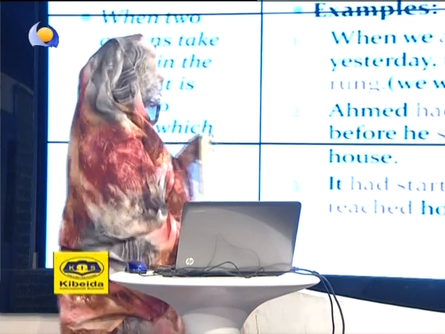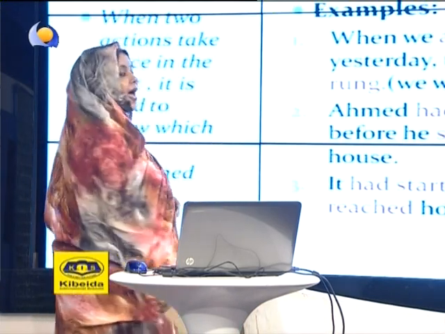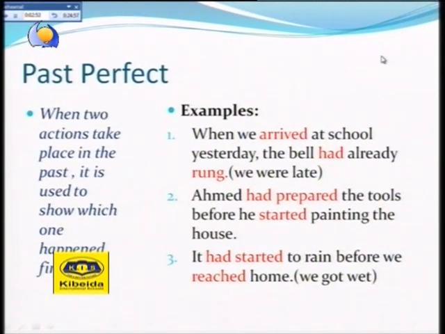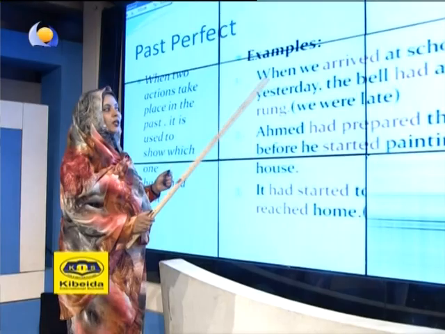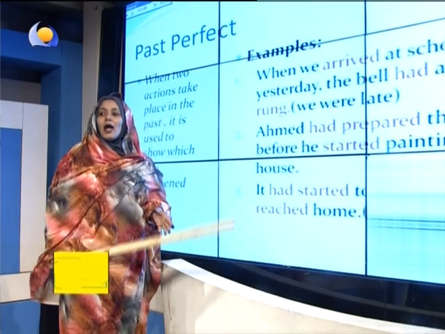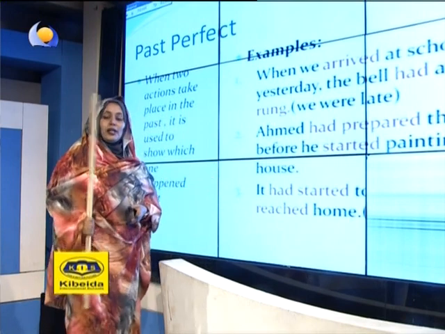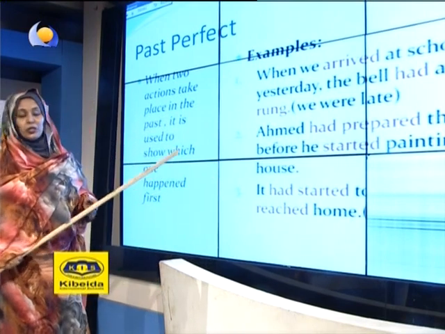For all subjects, we use the word had plus the past participle of the verb, as it is clear here. Had rung, had prepared, had started. For all subjects. Whatever the subject is, you use had. I want you to take care and bear in mind something while you are solving your questions.